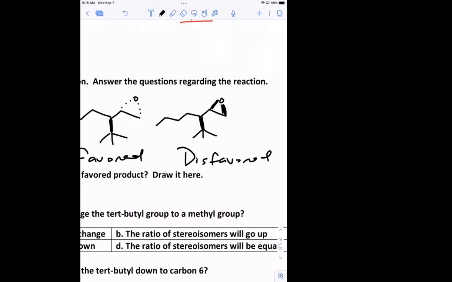When we say favored and disfavored, I need you to understand that what we're talking about in this particular case is which one is the result of a lower energy pathway to product. I showed you that at the very beginning, where you go through your transition state and then to your intermediate. This reaction doesn't have an intermediate, but the goal is to follow the pathway that has the lowest activation energy.